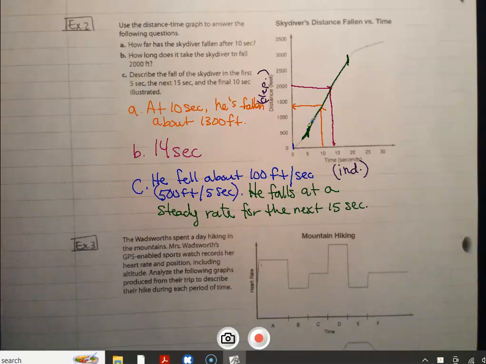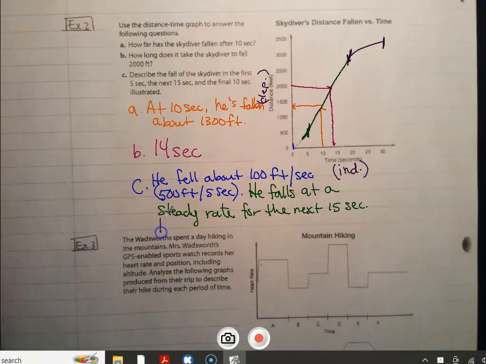All right, and then it says in the final 10 seconds. So let's look at that final 10 seconds. So from here, okay, to here, that final 10 seconds. What would you say about that? Okay, the graph is kind of flattening out. So he's falling at a slower rate, we could say.